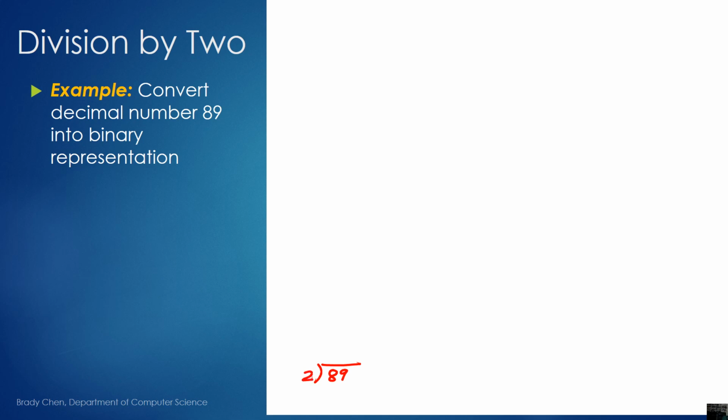So we got the quotient 44. 2 times 4, that's 8, and 9 minus 8 is 1. So we got a remainder of 1, right? That's the first remainder, so we're going to put it on the right. So the quotient is 44.